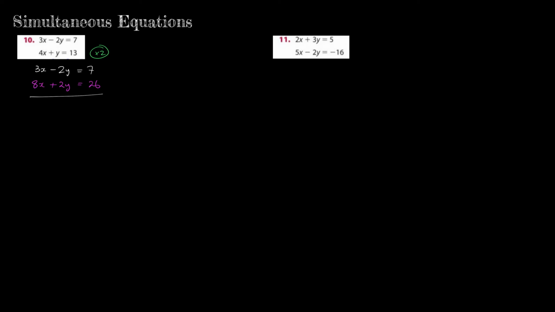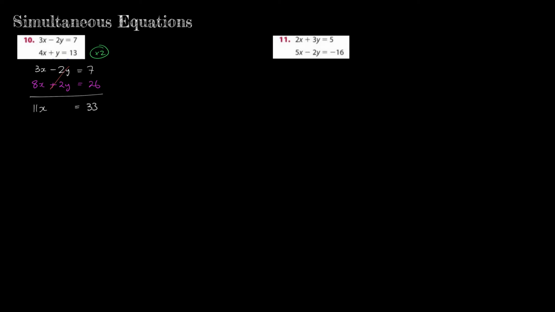So 3x plus 8x gives us 11x. 2y minus 2y means they cancel. And 7 plus 26 will give us 33, isn't it?